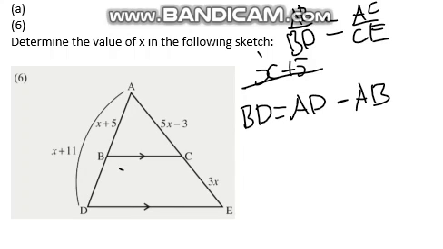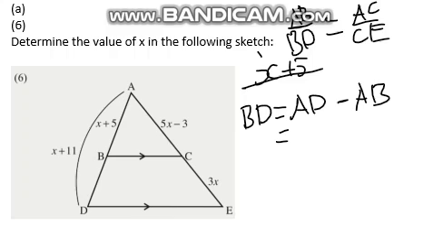Okay, I'm going to explain this again. So we're going to take the full length and subtract it by this given length for us to find this here, which is BD. Okay, so that's what we're doing. All right, let me go back again. So we're taking BD and we're saying it's equal to the full length of AD minus AB.